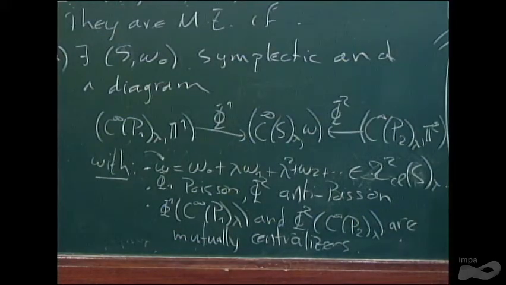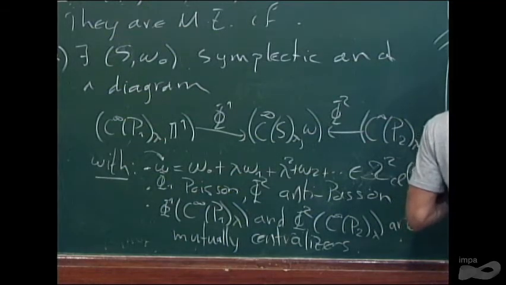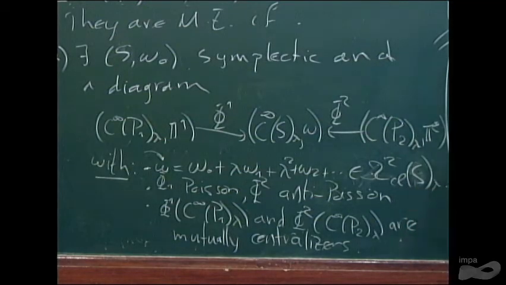You get here a map G1, you have your symplectic manifold, and you have here another map, and here you have P2 with the zeroth order term of Pi2. This has to be a Morita equivalence.